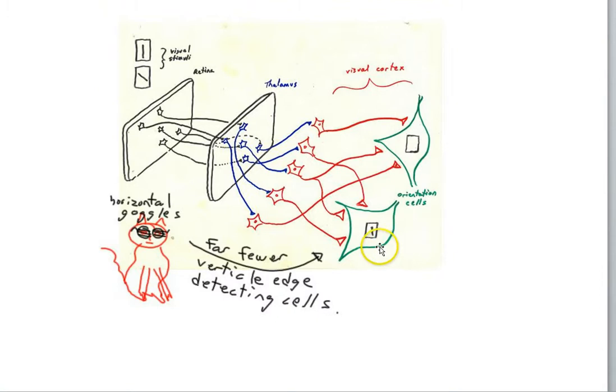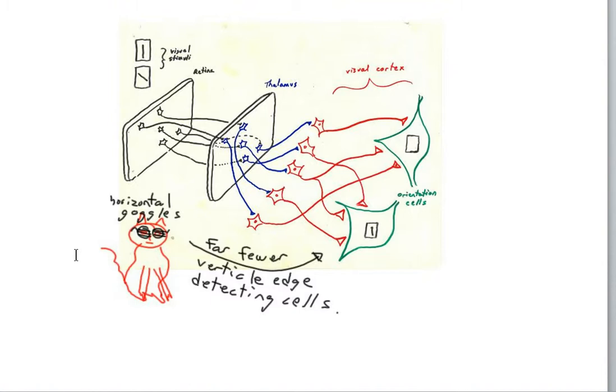Now, that was interesting because when the kittens grew up with this altered experience, they did have trouble avoiding vertical edges like the legs of tables and chairs. And so they seemed to have a behavioral deficit.